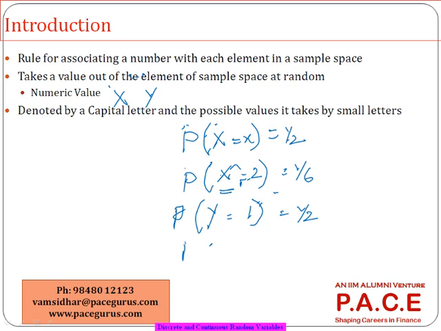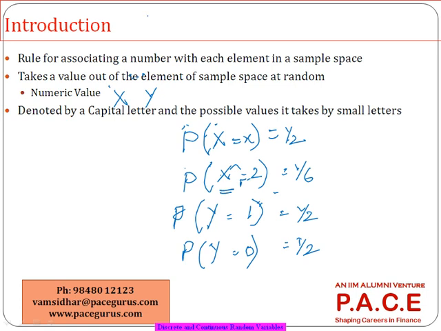The probability that it takes 0 heads is also 1 by 2. That is how we define what is associated with a random variable, and how I represent the probability associated with the random variable.